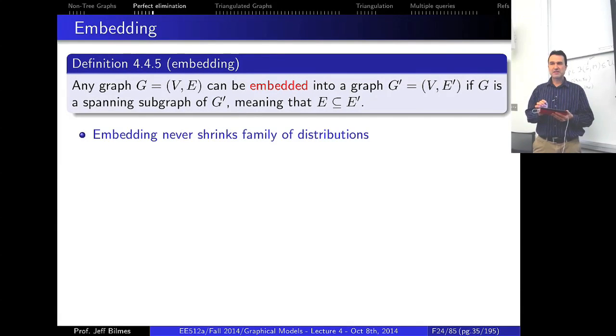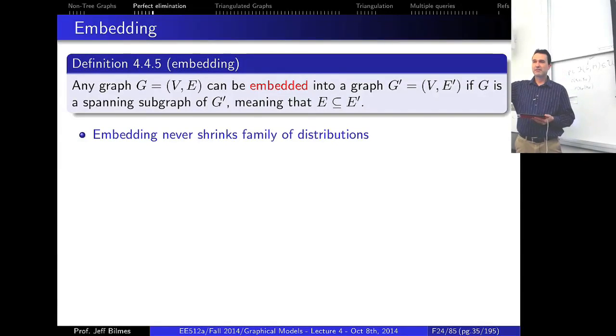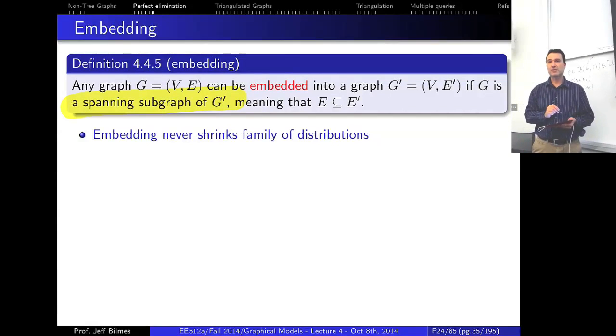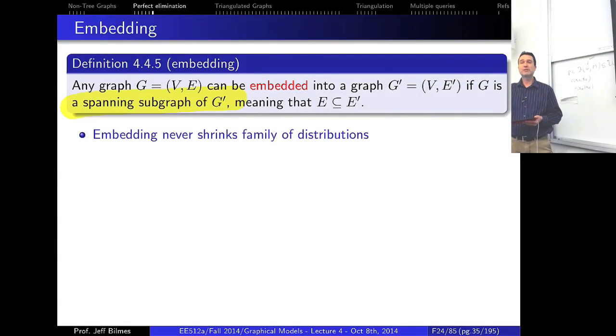So that basically means that the graph that can be embedded into the other graph is what's called, and these are the official terms for this, a spanning subgraph. So let's say that G is the graph that we can embed into G prime. So that means that G is a spanning subgraph of G prime.